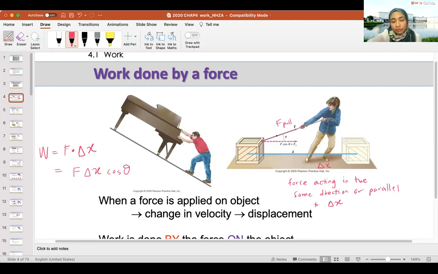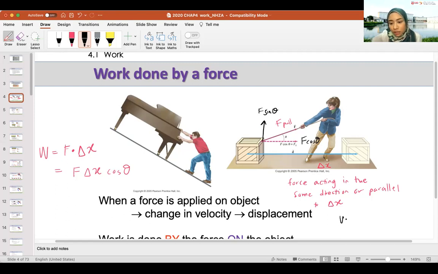Force acting in the same direction or parallel to X. Now we have this force vector. Remember, we can resolve our force. So when we resolve it, it becomes F sine theta, and this becomes F cosine theta. So the only component of force that is acting in the same direction or parallel to displacement is only F cosine theta.